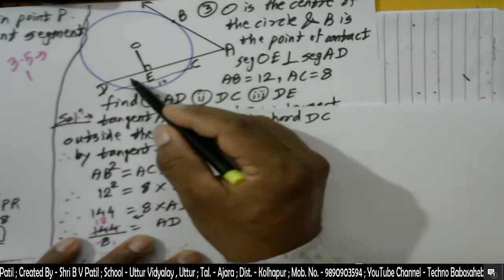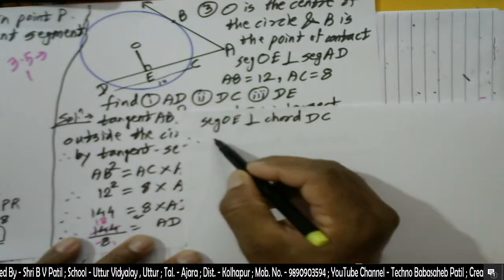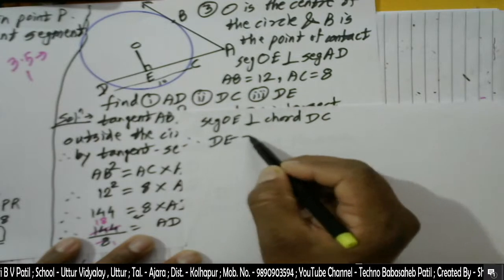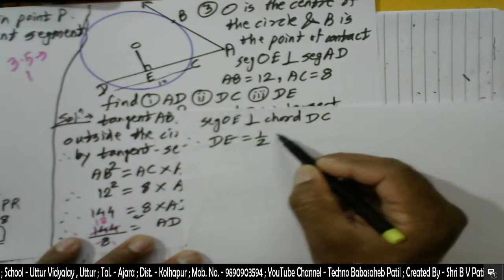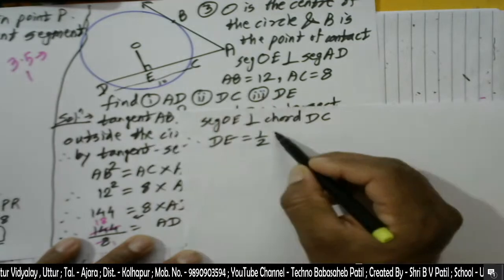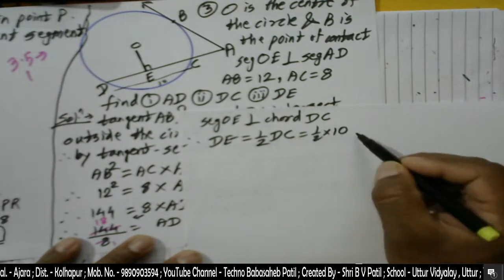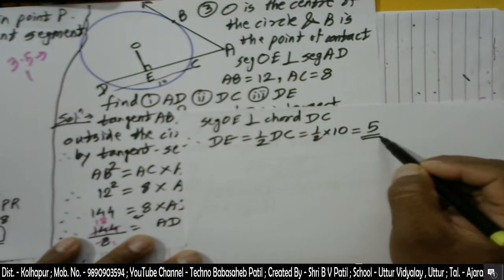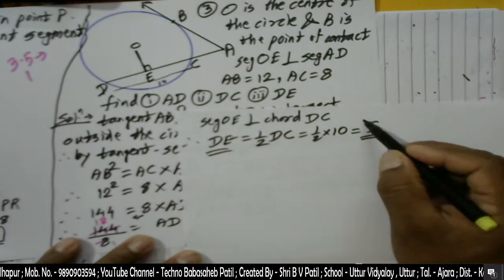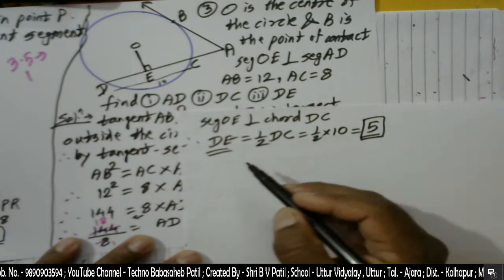That is, the two parts are congruent, meaning DE is equal to half of chord DC. Half into DC, 10, we get 5. That is the answer.